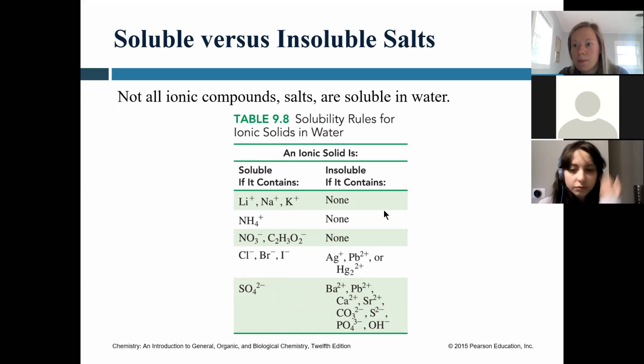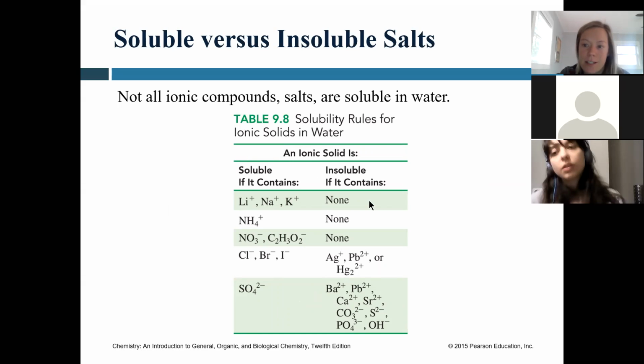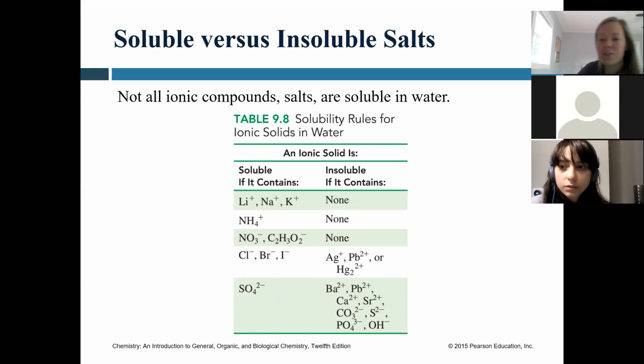These are in your textbook. You do not have to have these memorized. I don't expect you to know every single salt combination out there, every metal and non-metal, and if it dissolves in water or not. But you do need to be able to reference them. So when you're doing homework and stuff, you will need to be able to look these up and read what they're saying.